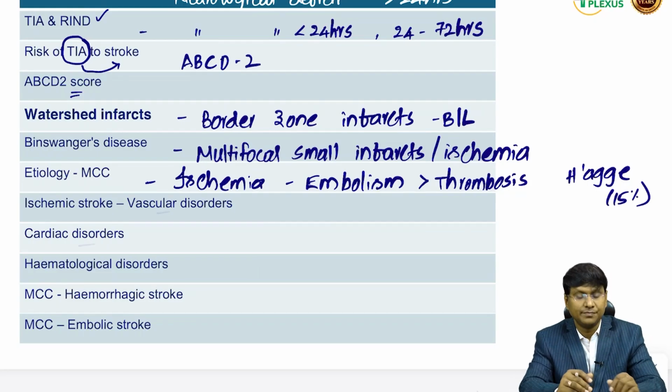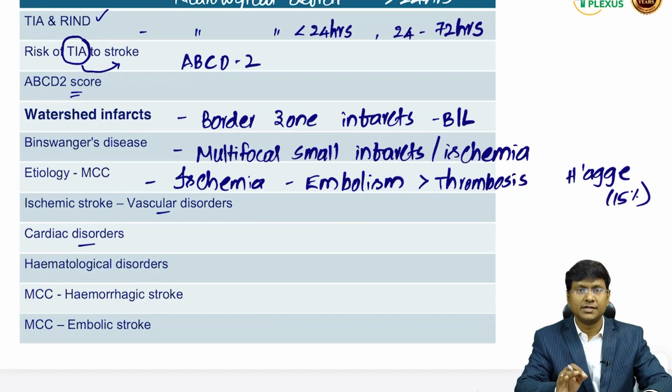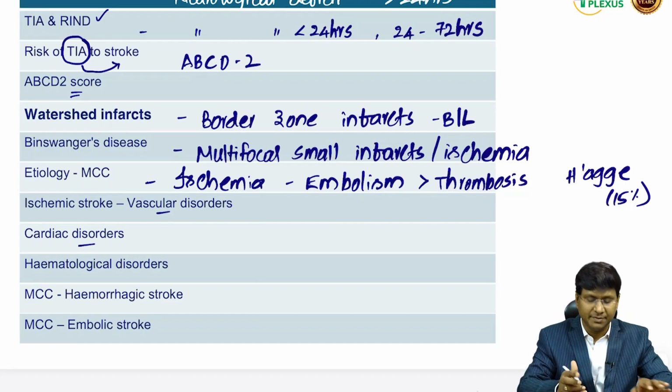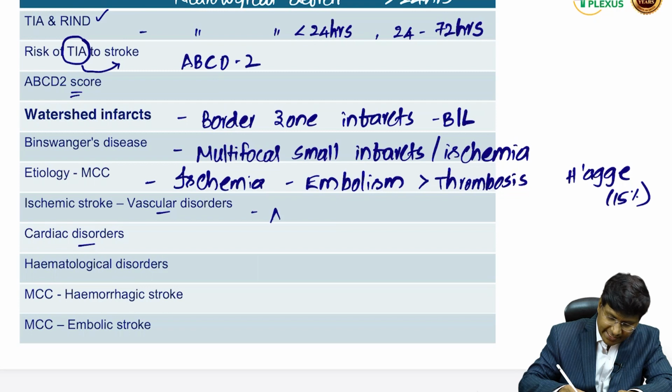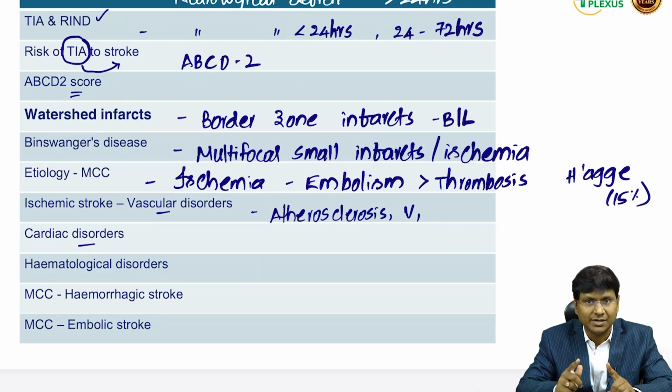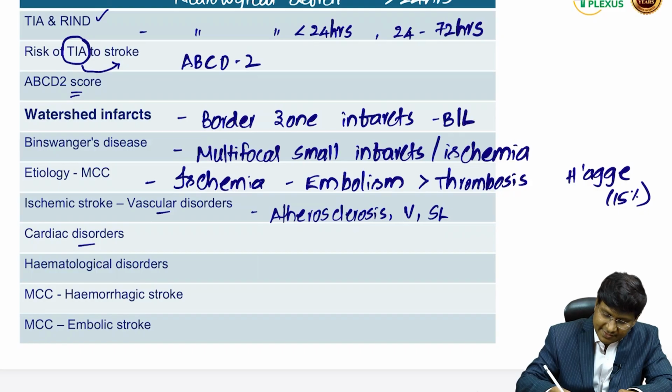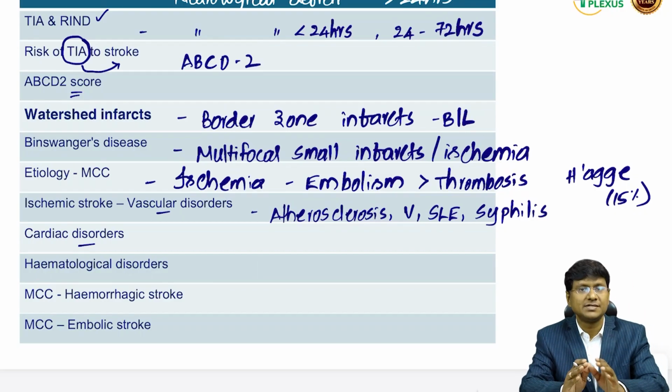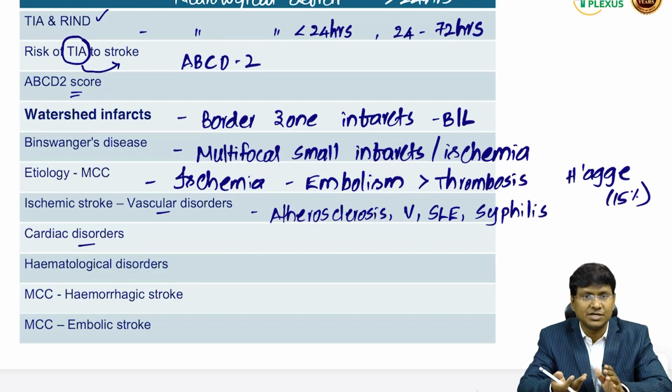The vascular disorders that cause ischemic stroke include atherosclerosis, and the next important etiology is vasculitis, then systemic lupus erythematosus, and then syphilis. So these are the vascular disorders that can cause ischemic stroke.